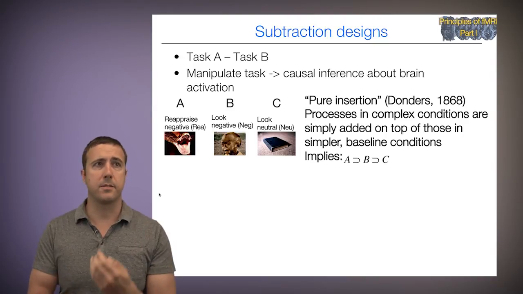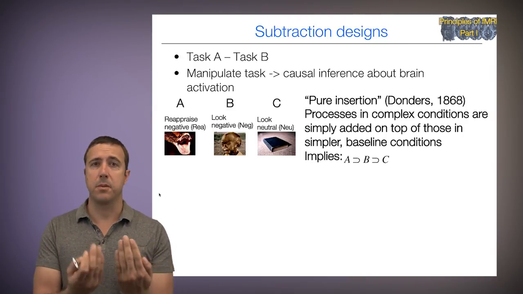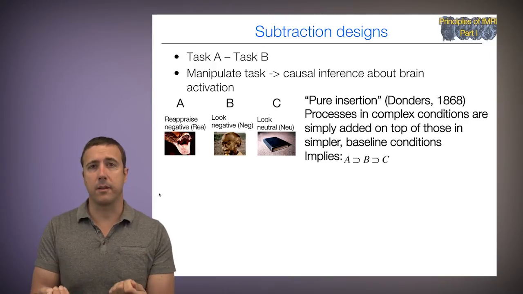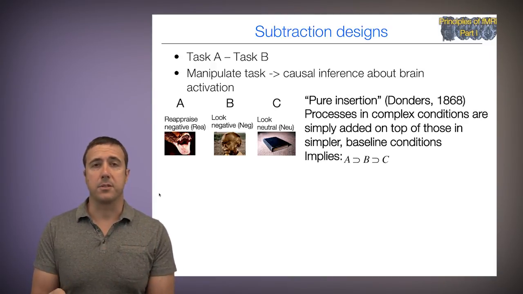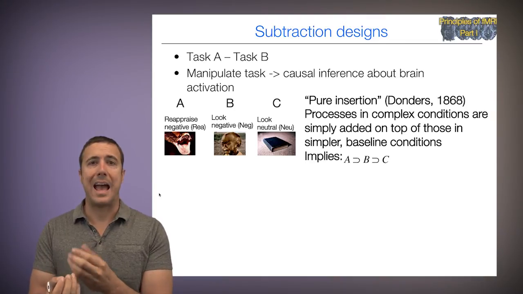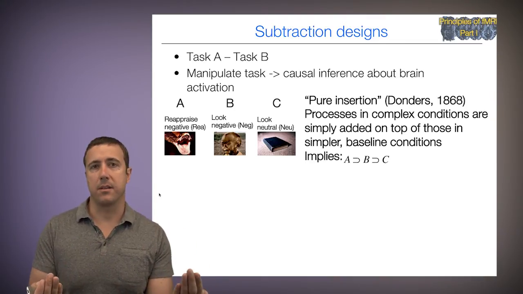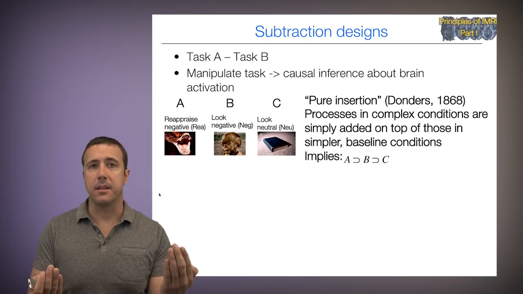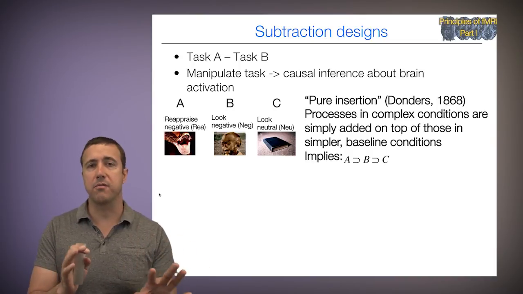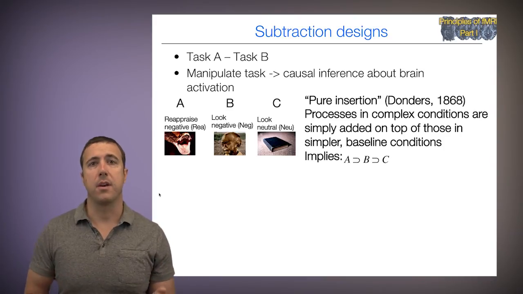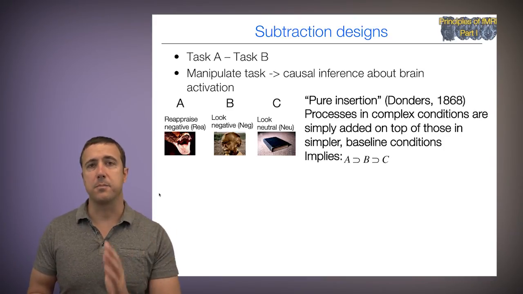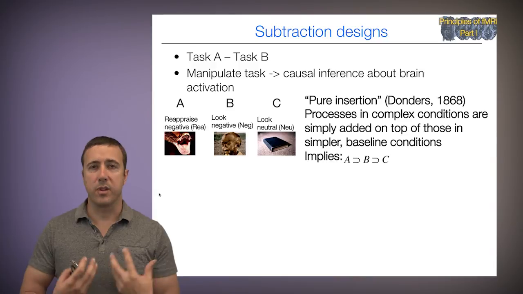If that's true, I can subtract C from B and end up with where's the negative emotion. Now I'm going to take looking at negative pictures, aversive pictures, and I'm going to add to that the reappraisal demand. So I'm assuming again that the negative emotional components and other features of the stimuli are matched or the same, and I can subtract them off, and what's left when I subtract A minus B is the activity related to the reappraisal.